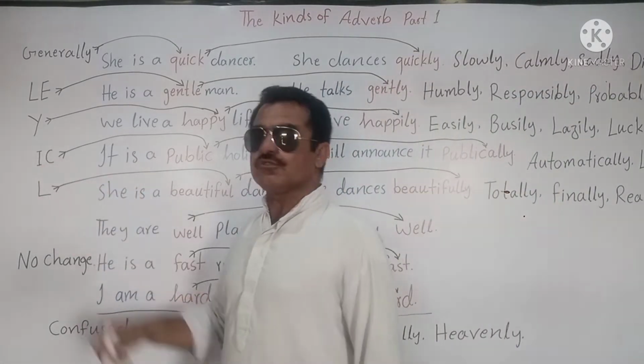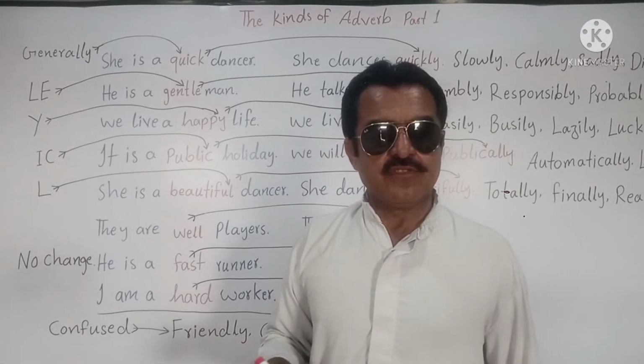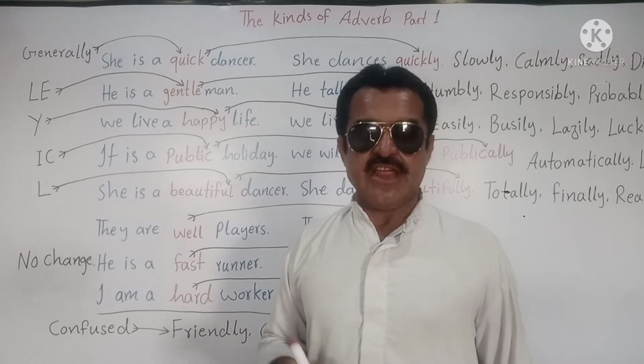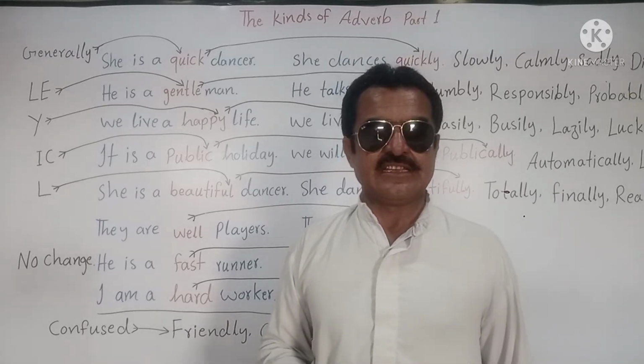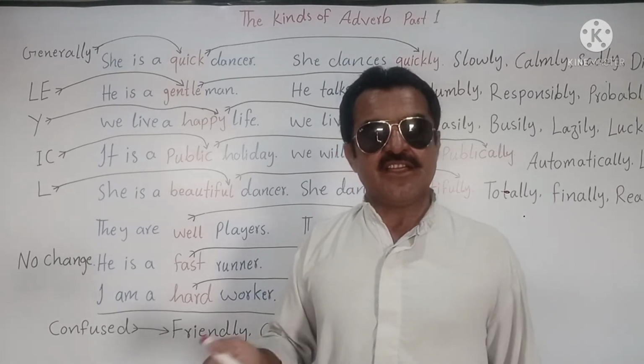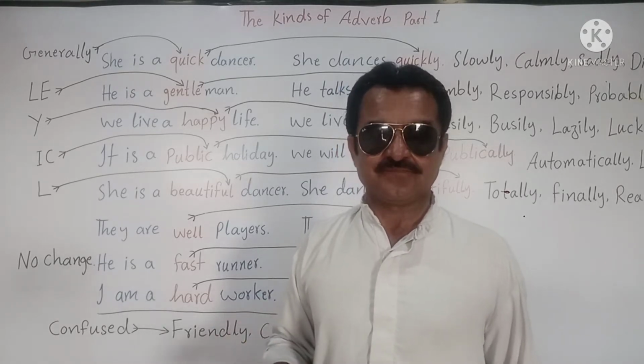Okay, so now let's go to the fourth rule. The fourth rule is this, that whenever your adjective ends with ic, simply you can say c, but it is always with ic.